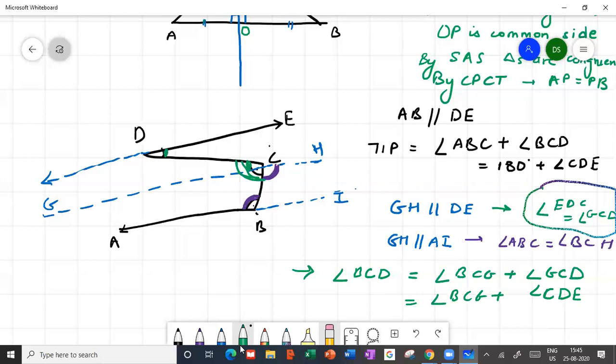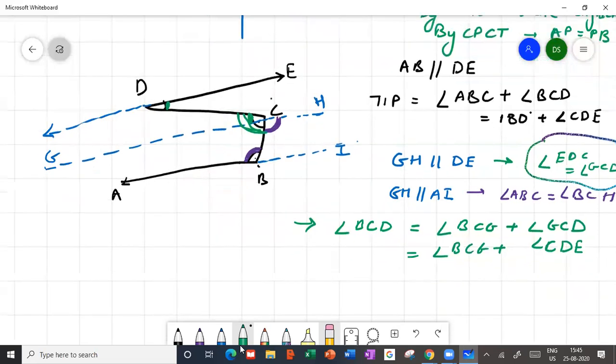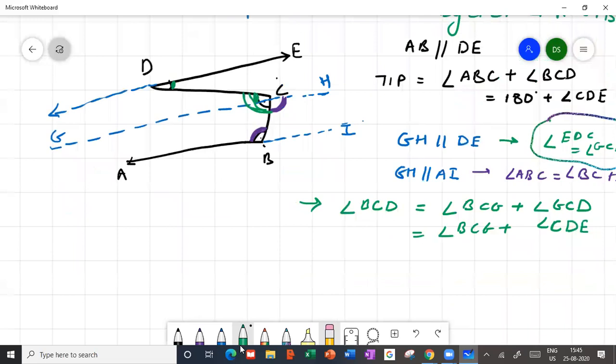Now they are saying ABC plus GCB. Okay, yeah, point. So let me write it here in blue. We are still talking about this angle here itself, angle C basically.